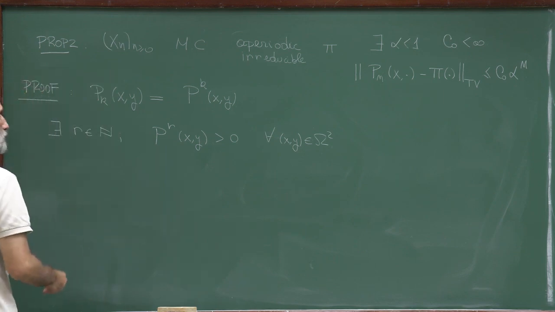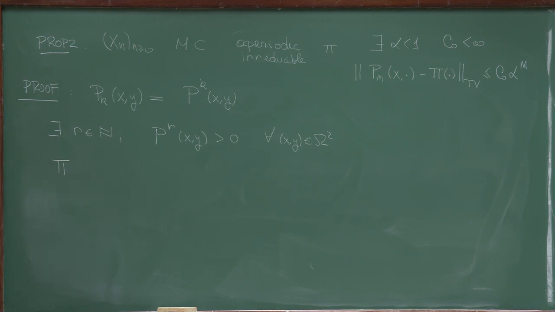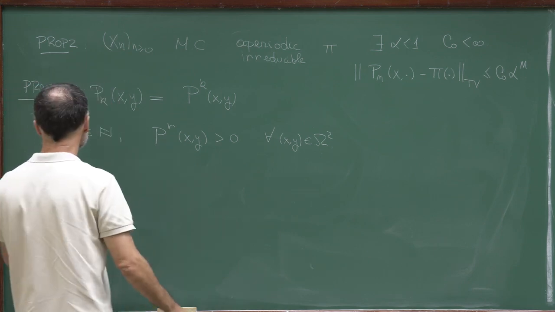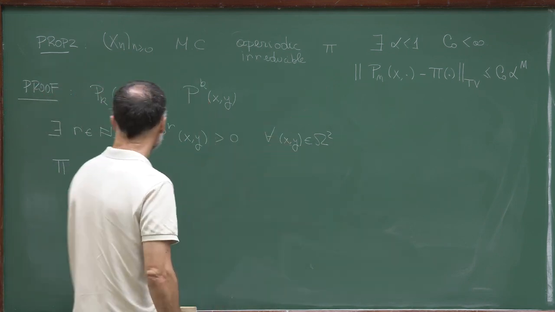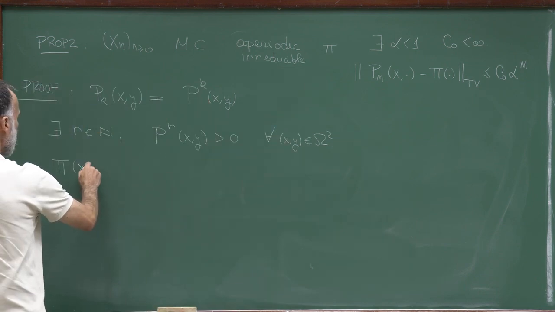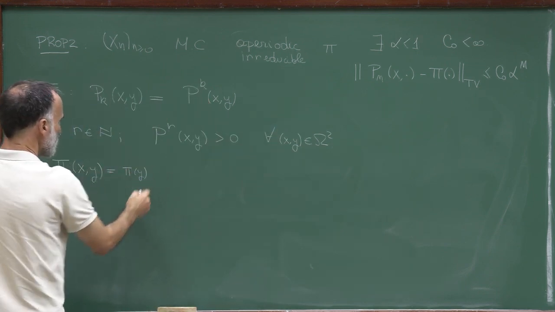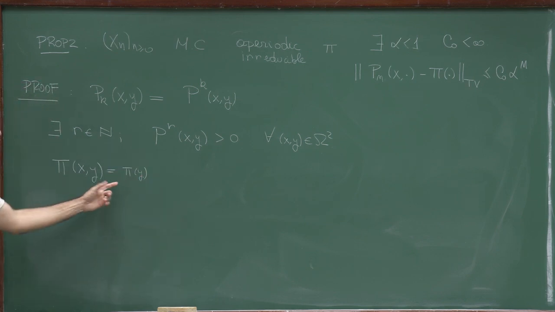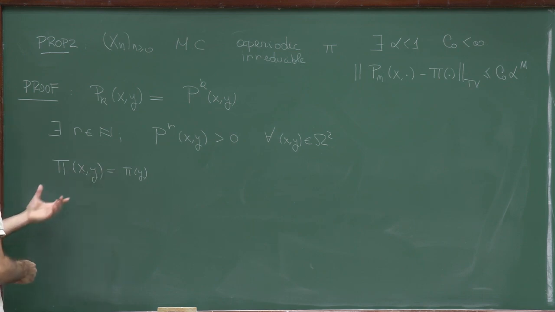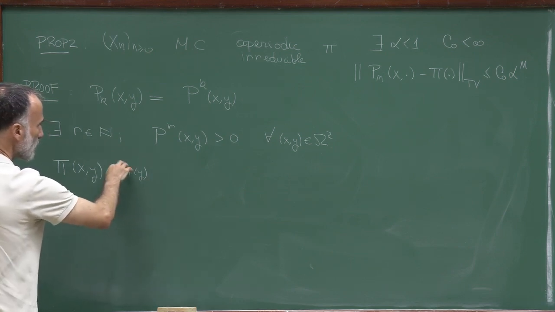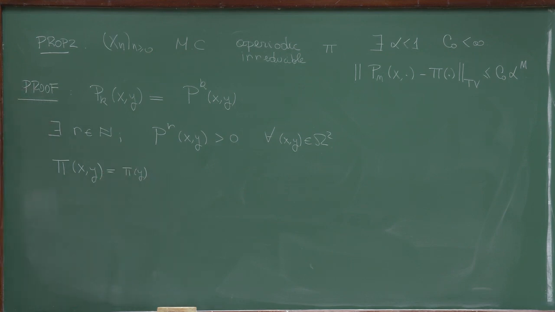So now let me introduce a new matrix, which is Pi. See, this is capital Pi because it's a matrix, while this is a measure. And this matrix Pi(x,y) is just equal to pi(y). So pi is the measure, and so this is a matrix whose lines are all equal, and they are given by the probability measure pi.